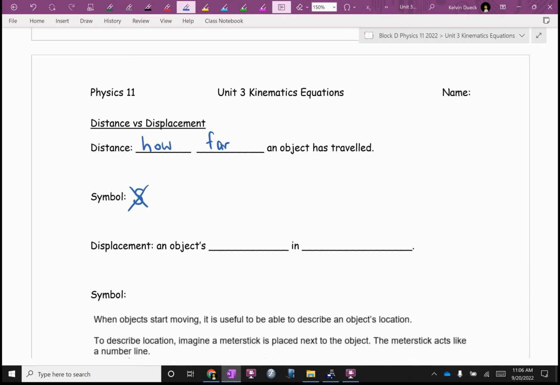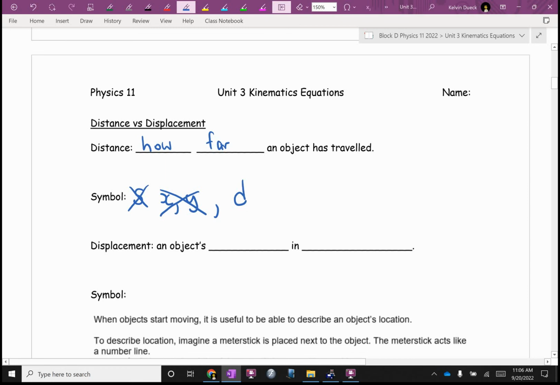Many textbooks will use an X or a Y. An X if it's horizontal because you're on the x-axis of a graph imaginarily. A Y if it's vertical because up and down is the y-axis of a graph. I'm not going to use those. I'm going to keep it simple.